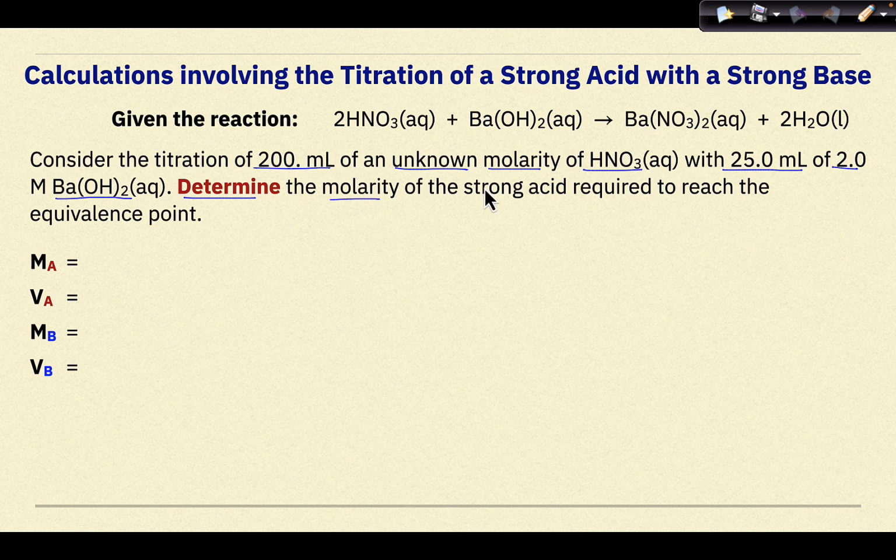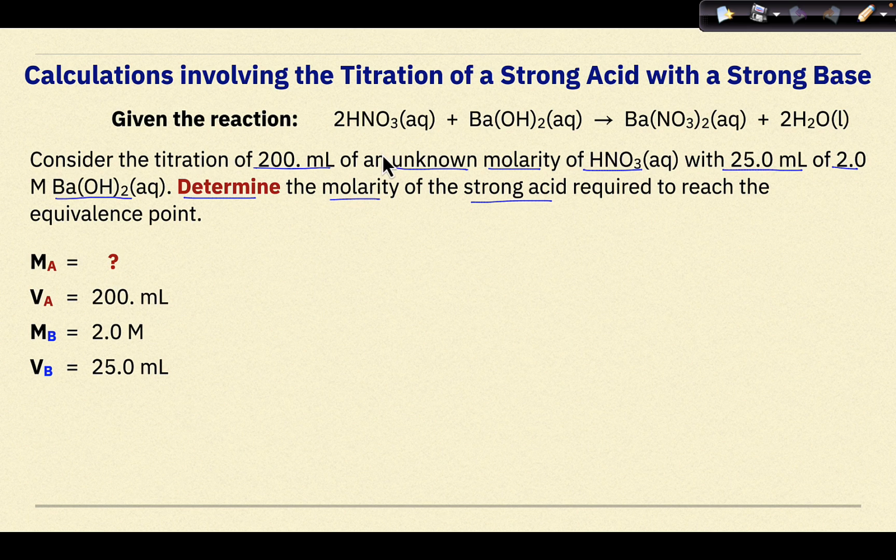Determine the molarity of the strong acid required to reach the equivalence point. So we are given a volume of acid of 200 milliliters, a volume of base of 25 milliliters, and a molarity of base of 2.0 molar. Our unknown is the molarity of the acid.